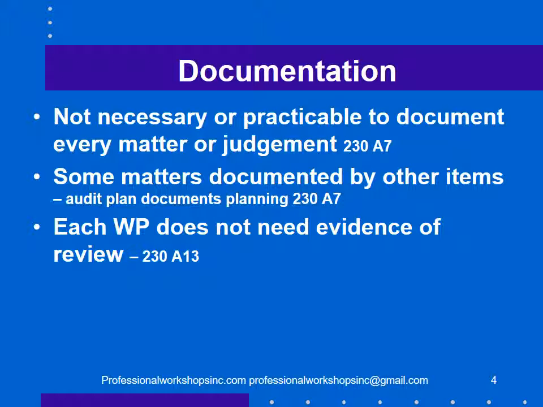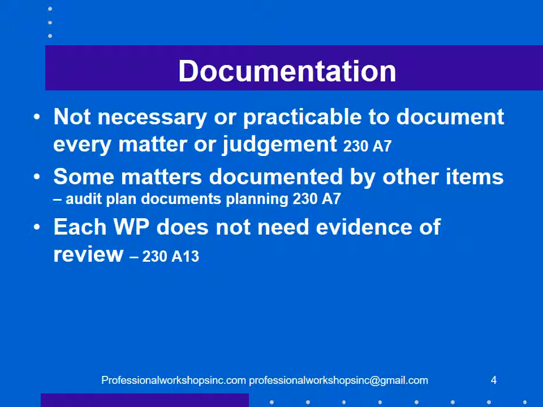Other hints about documentation: it is not necessary or practicable to document everything. That's 230A7. Notes that some matters documented are documented by other items. So, for instance, if you're looking to find documentation of audit planning in accordance with the standards on audit planning, the fact that an audit plan exists, that would document that you did all the things required by planning.